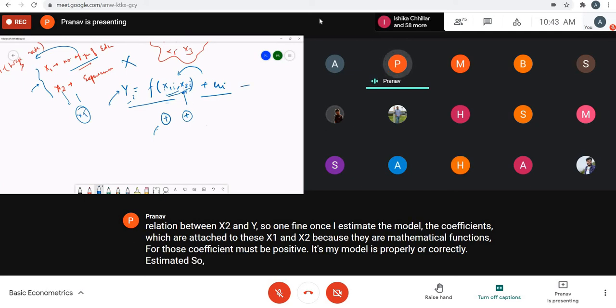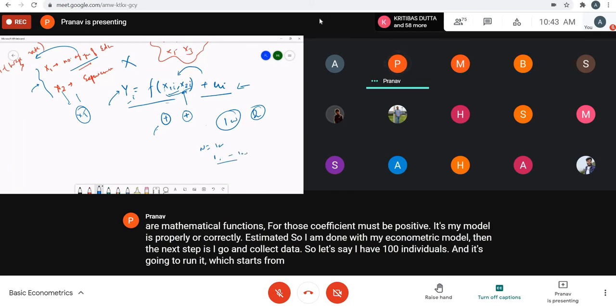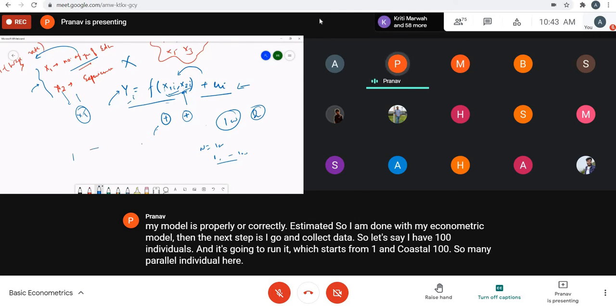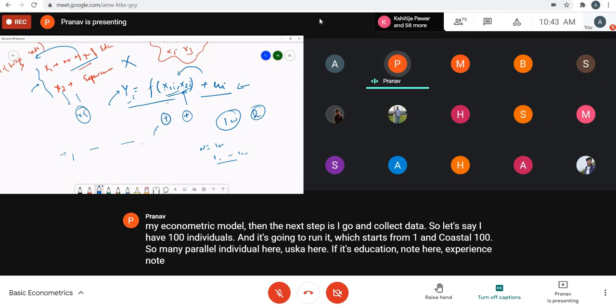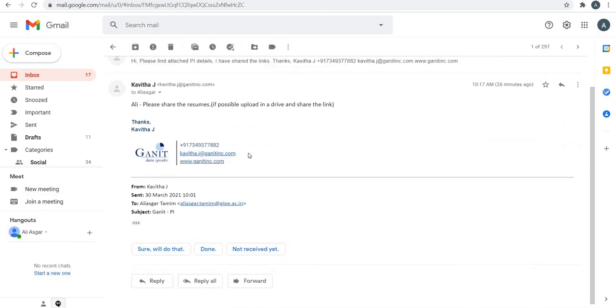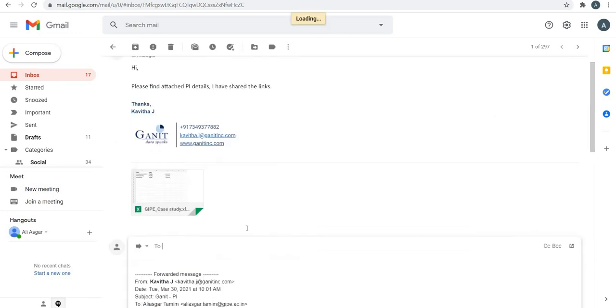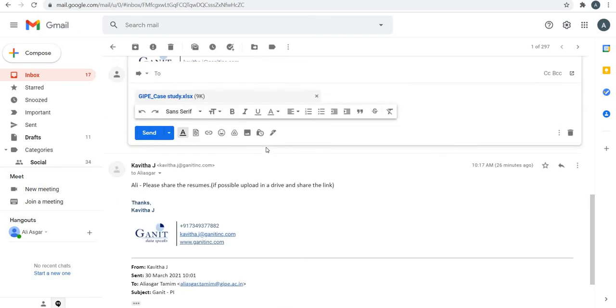So I am done with my econometric model. Then the next step is I'll go and collect data. So let's say I have 100 individuals. N is equal to 100, which starts from 1 and goes till 100. I took the first individual, noted the years of education, noted the experience, and I have the wage rate. Second individual, years of education, experience, and I have the wage. In this way I collect 100 such observations, and here observations are nothing but individuals in the question.